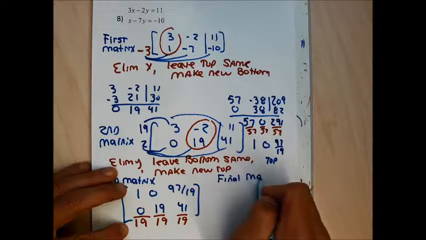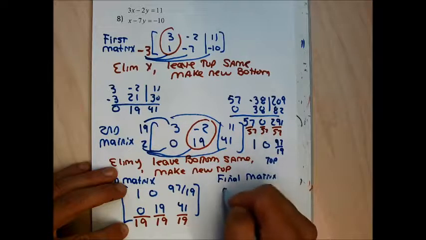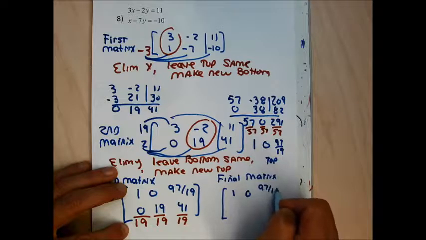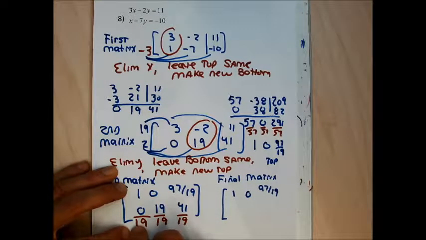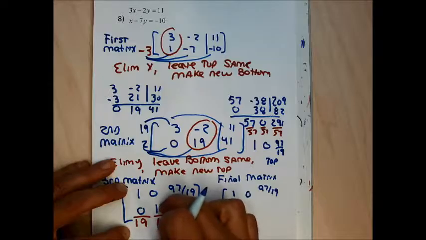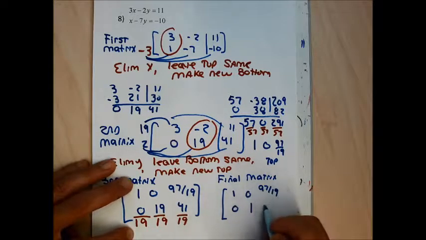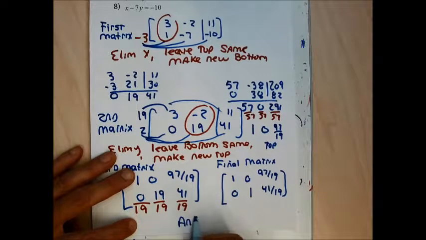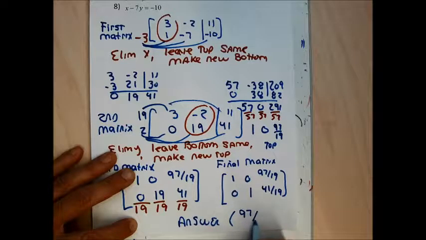My final matrix is going to have 1, 0, 97 over 19, and then 0 divided by 19 is 0, 19 divided by 19 is 1, 41 over 19 doesn't reduce, and get 41 over 19. The answer is supposed to be x equals 97 over 19, y equals 41 over 19.